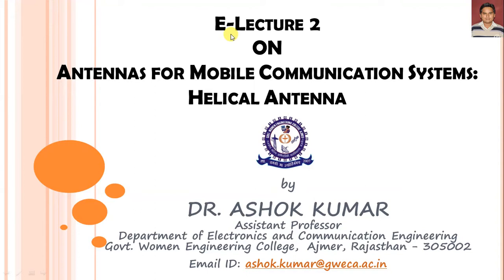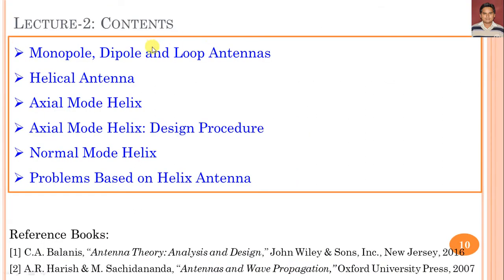These antennas we have discussed in lecture 1 of this series, and we found that these categories of antenna are being used in mobile communication systems. The following contents will be addressed during this lecture: monopole, dipole and loop antennas, then the helical antenna, which operates in two modes.